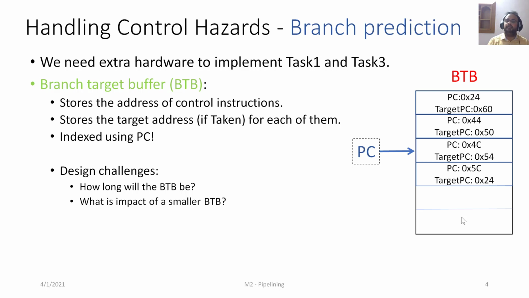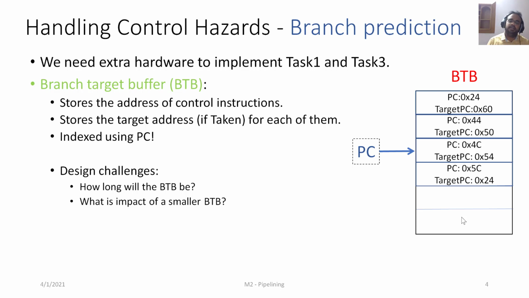So the size of the BTB is a very tricky design choice. Now the direct answer would be, why don't we make a very large BTB? Let's say we make a BTB of 1024 entries. But even then, we can write some program which has more than 1024 control instructions. But let's say the program still has fewer instructions, then the BTB is sufficient.